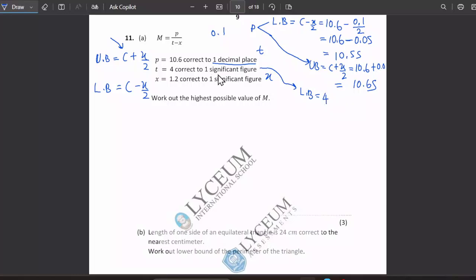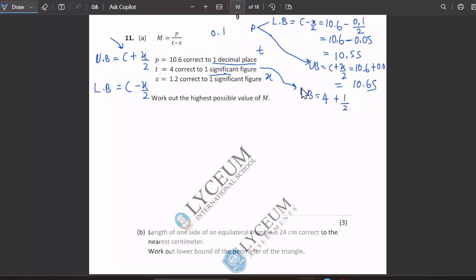Now they are saying one significant figure. According to this number 4, what is the first significant figure? 4. So put the given place they are saying 1. So after putting 1 in the first significant figure, we get 1. So now x is 1 divided by 2.